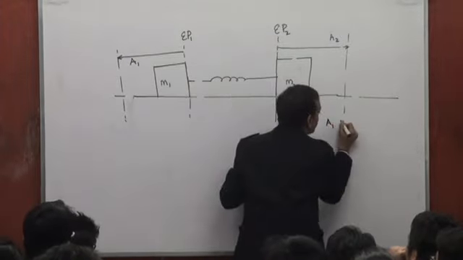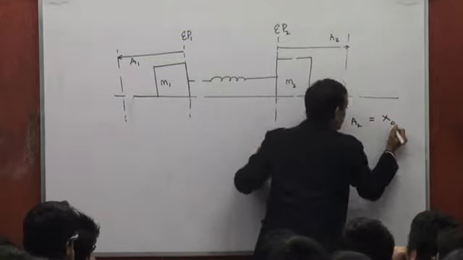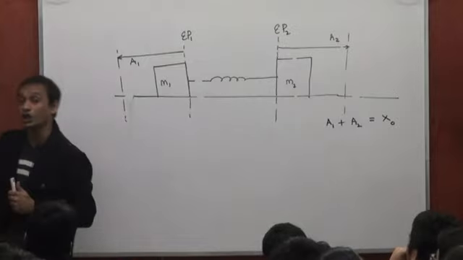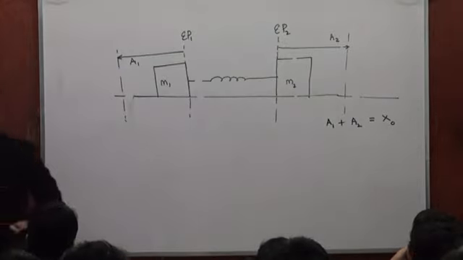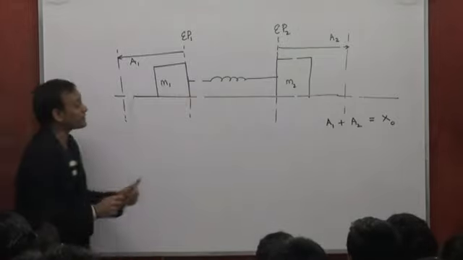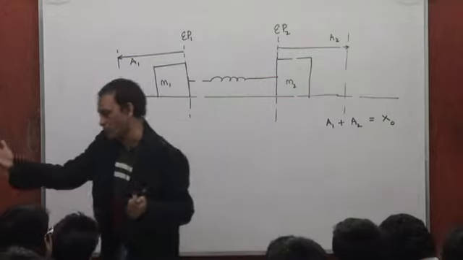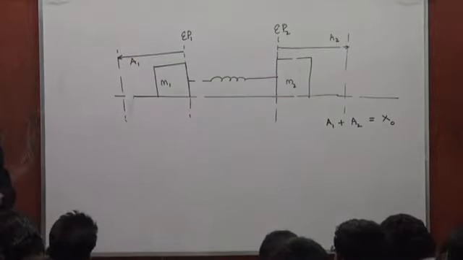So now what would be known to me is not a1 and a2 but a1 plus a2, which would be x0, the initial elongation or the initial compression that I have given to the system. a1 and a2 I'm pretending that I know, right?